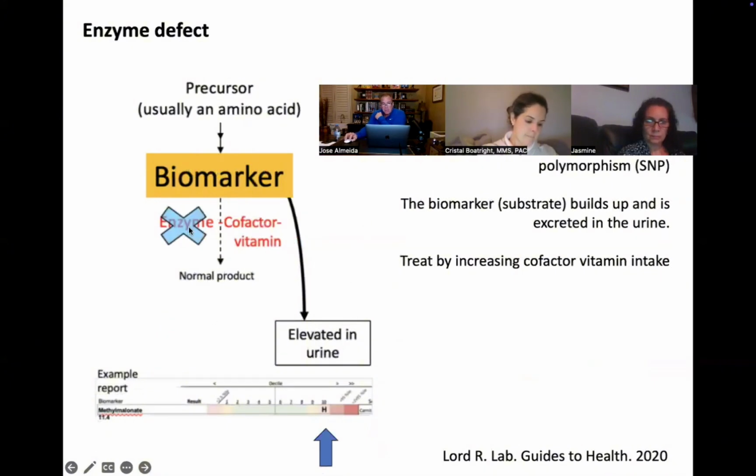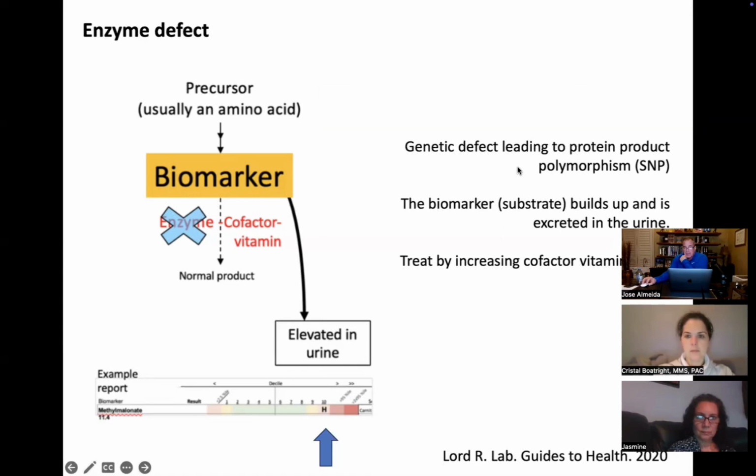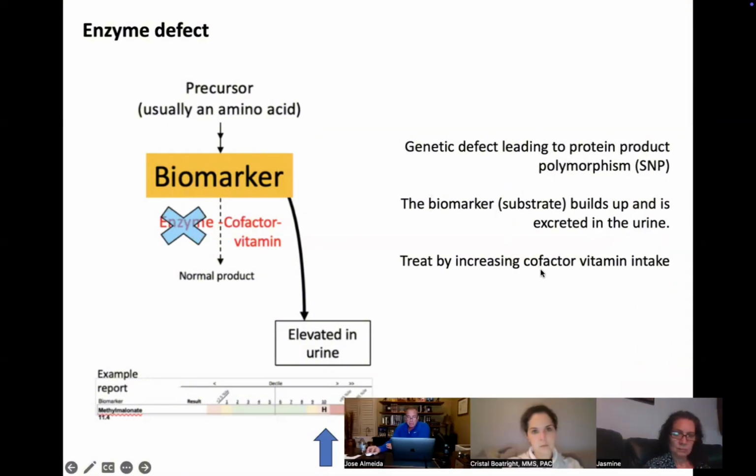In this case, we've got an enzyme defect and it's from a SNP, a genetic defect that does not allow normal production of an enzyme. This can also present as methylmalonate elevation in the urine, which is a B12 problem. So in this case, you've got a genetic defect and you're still going to treat with vitamin B12 or whatever cofactors are required here.